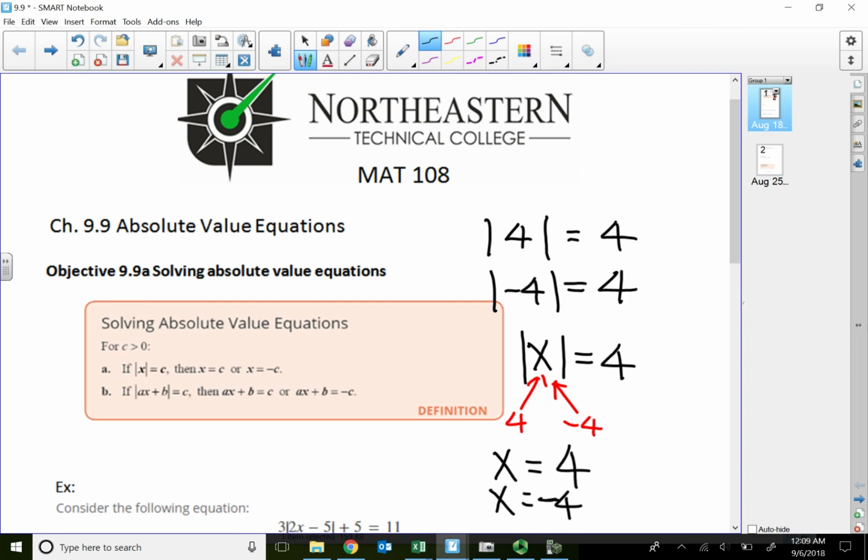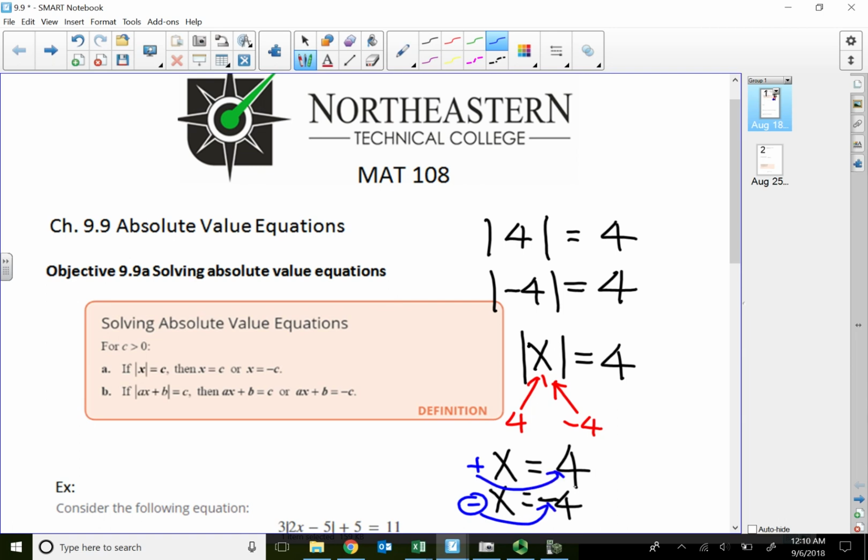Normally, what I can put inside this absolute value technically is a positive or a negative. So instead of having the positive or negative sign go with the variable, we actually put them on the other side.